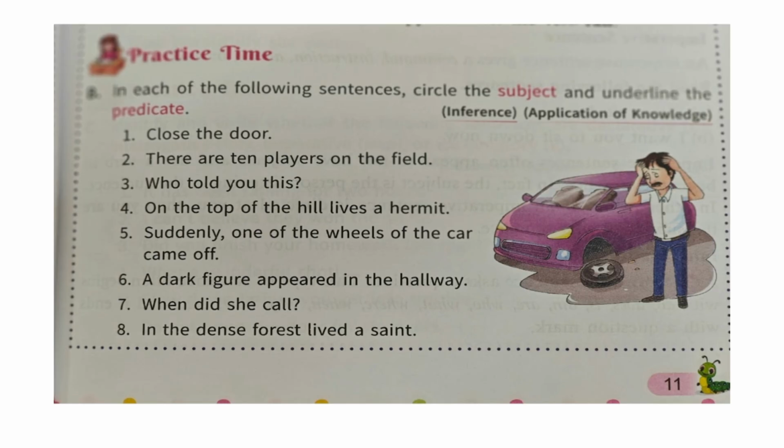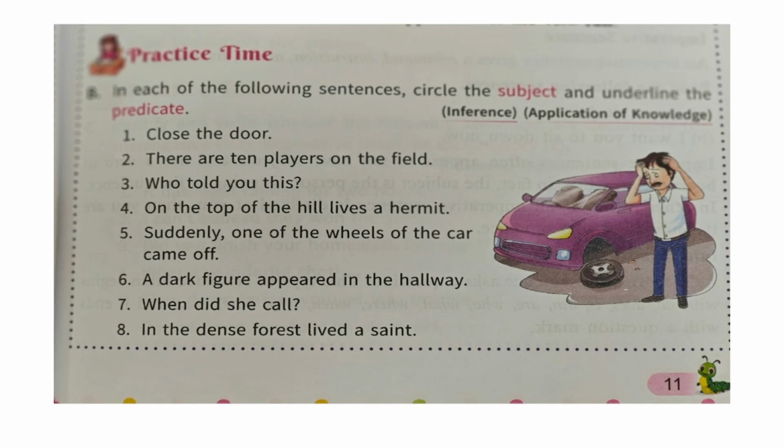Please understand the statement completely. Like there are 10 players. किन की बात हो रही है? 10 players की बात हो रही है. तो who is the subject? 10 players are the subject. Okay. Now उन 10 प्लेयर्स के बारे में क्या बात कर रहे हैं?